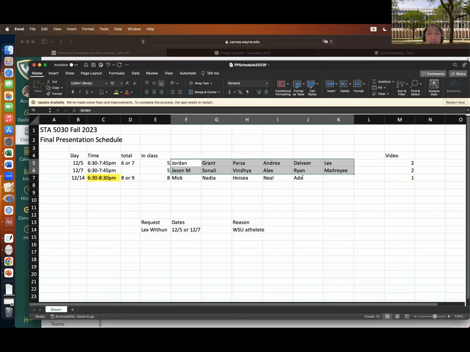Okay, so Nadir included, and Jose, Dalver, Andrea, Neil, Mate Parser, Jordan, Ryan, yes, and Mick Grant, and Alex, Sonali, others.